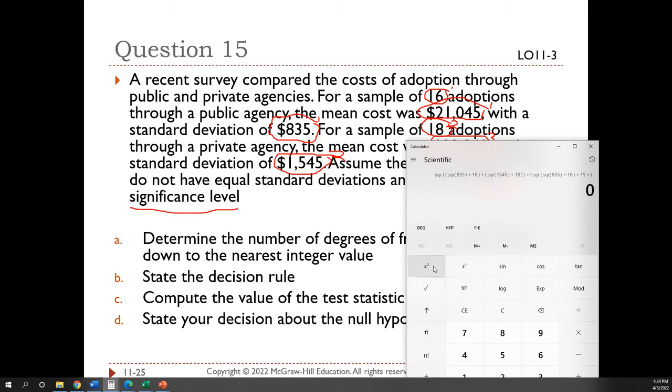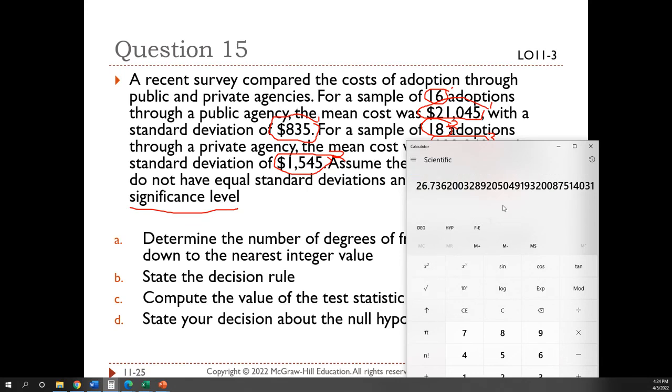Plus now 1545 squared divided by 18, close parentheses, squared, divided by 17, close parentheses.